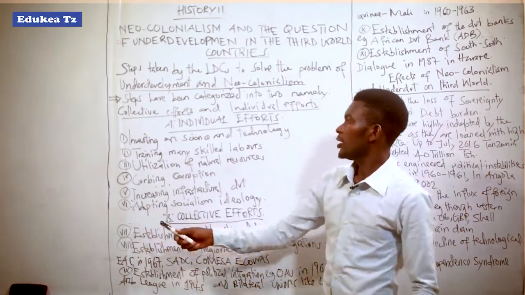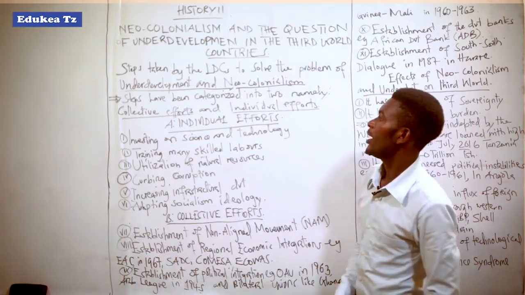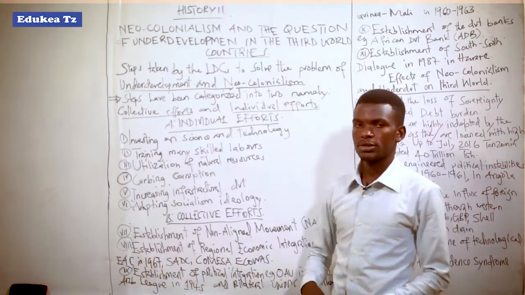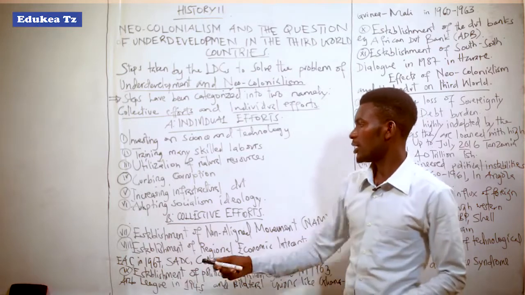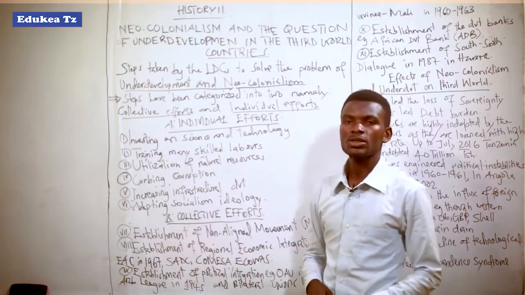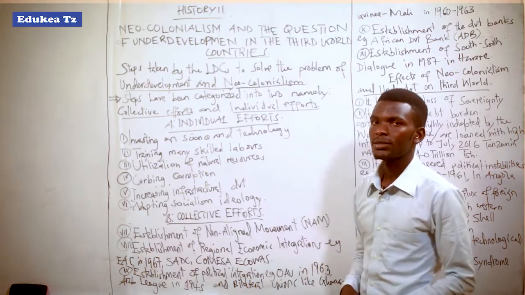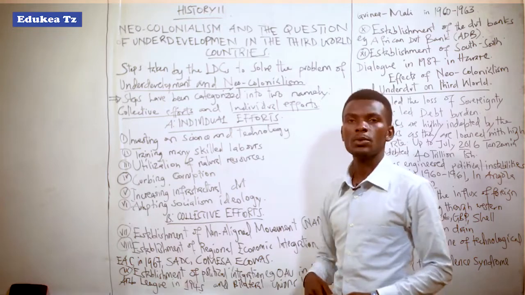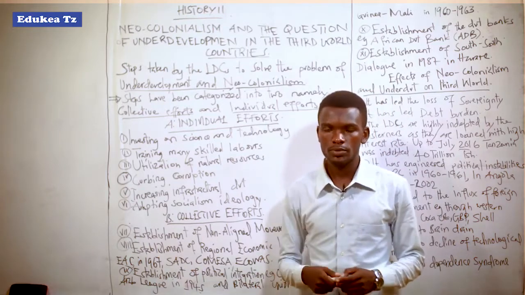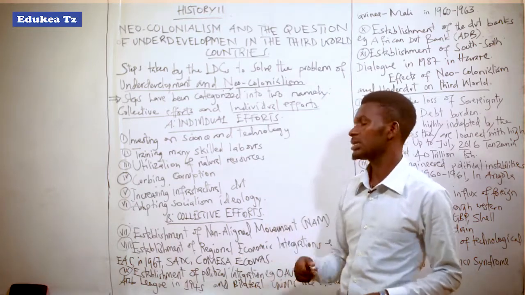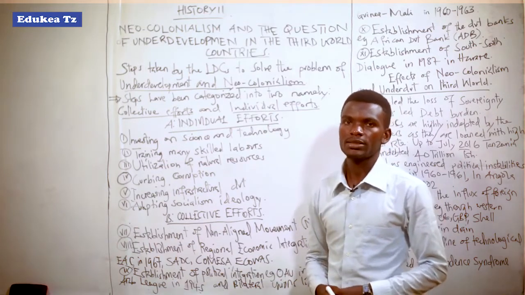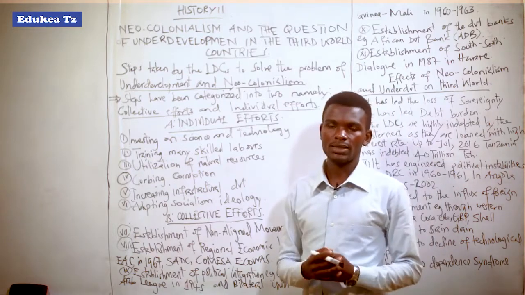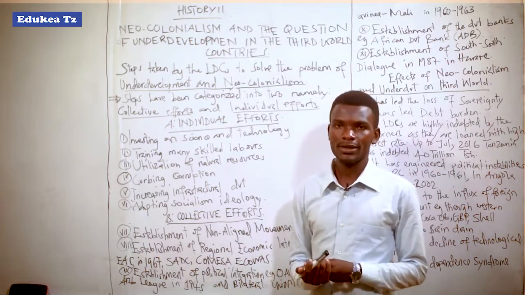Yes, the last step as an individual effort was adopting socialism ideology. As I told you, socialism ideology was kept in self-reliance or self-dependence, meaning that the less developed countries decided to depend on themselves and not on imperialistic powers.